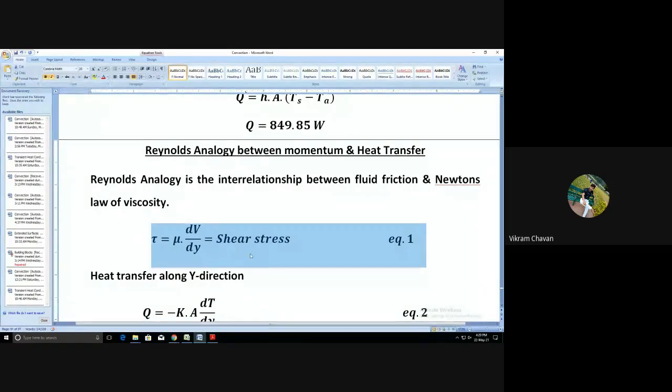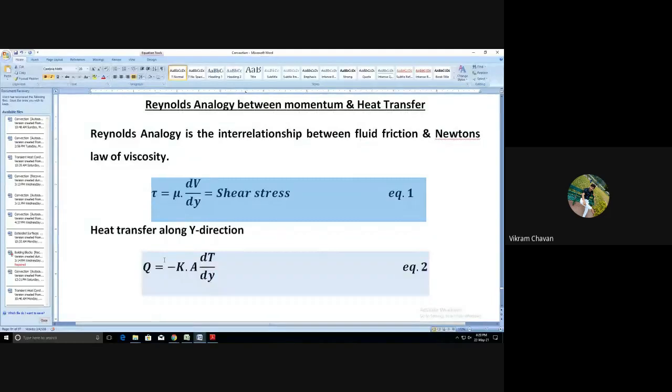In a similar fashion, if you want to determine the heat transfer along the y direction, consider any point on a plate and the heat transfer vertically from that point. In a fluid, vertical heat transfer is considered as conduction heat transfer, because it happens due to the physical contact of two molecules, or of different layers of a fluid.